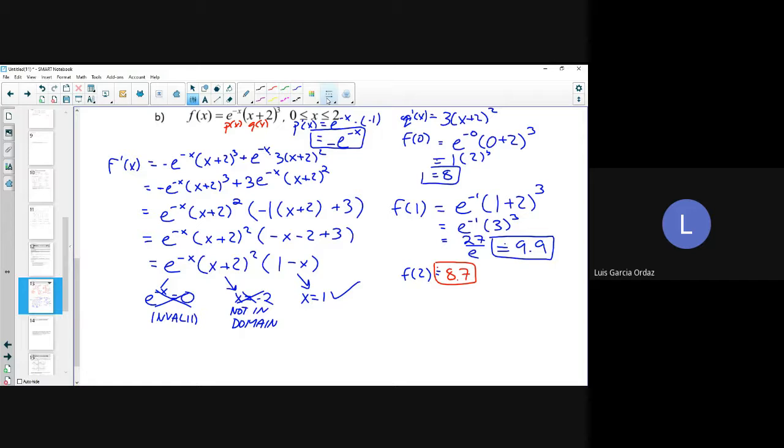So my min happens at 0 and 8. And my max happens at 1 and 9.9.